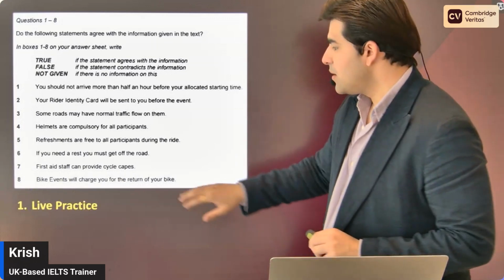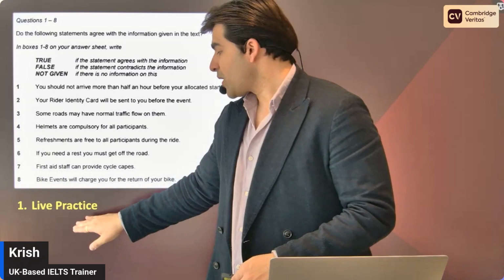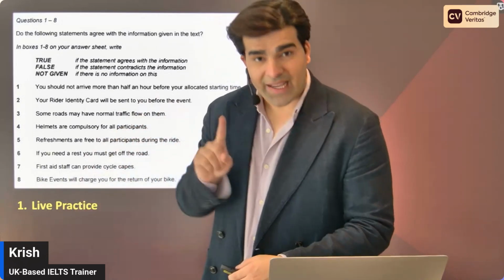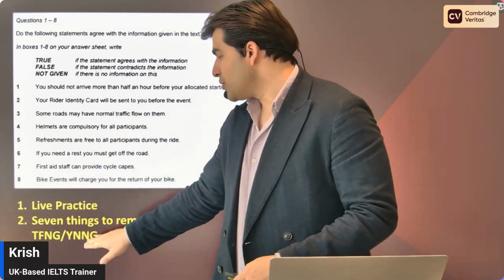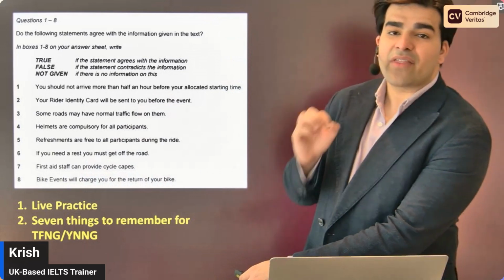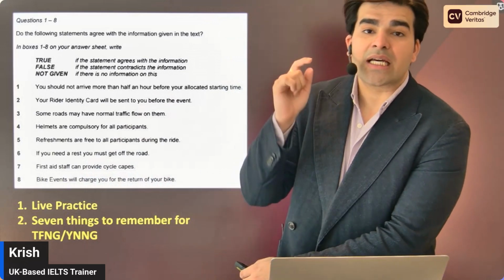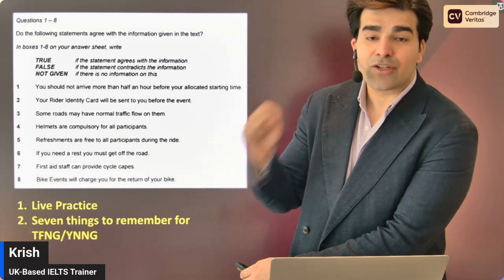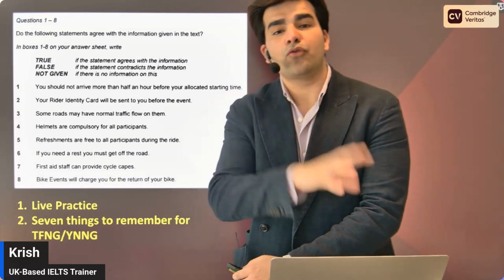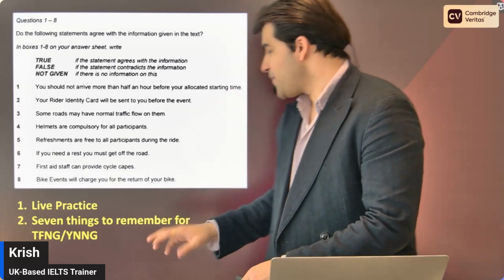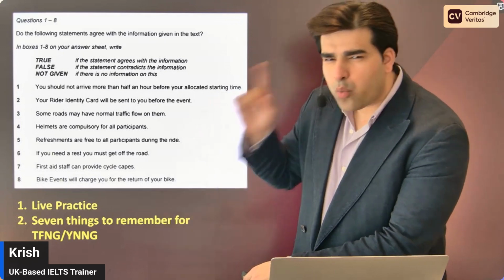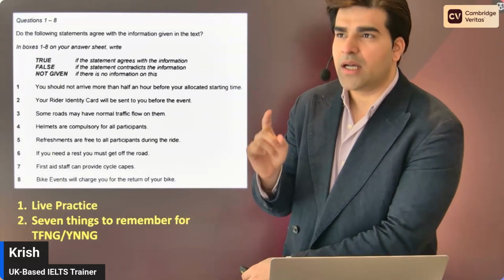So, in this lesson, in the next 10 minutes, you will go through a live practice with me. Number two, I will tell you 7 things that you should know about the IELTS reading question type, which is true, false, not given. The same rules apply to yes, no, not given as well. So, we'll get to understand what those secret 7 things are.